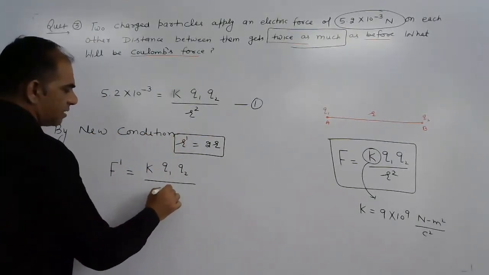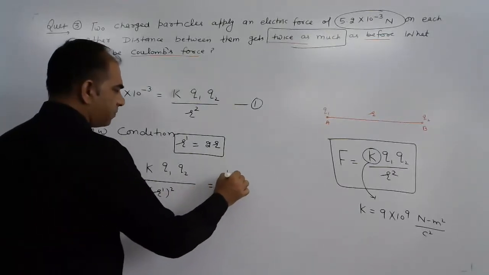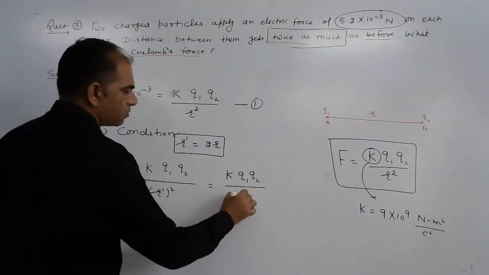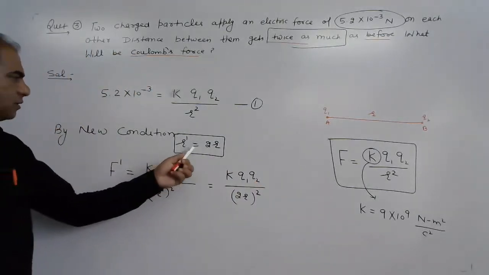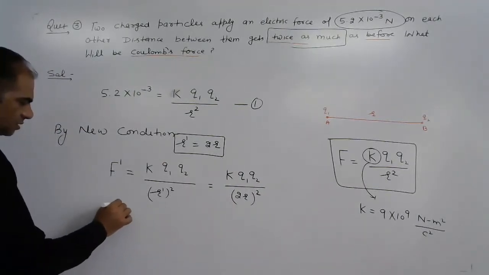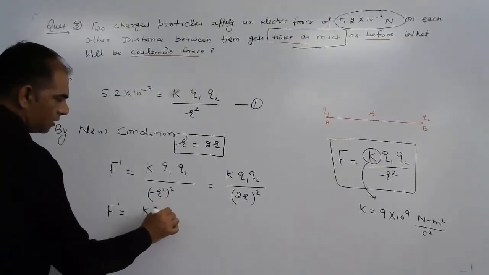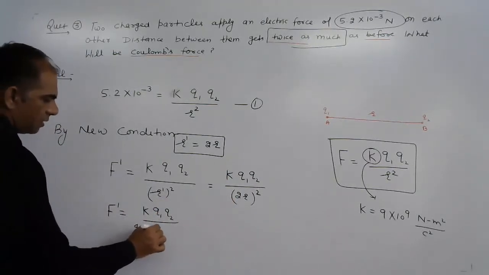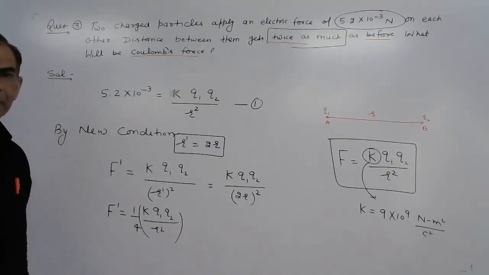Only the distance changes. We write r dash square, and putting the value of r dash as 2 times r, F dash = K q1 q2 / (2r)², which is K q1 q2 / 4r². We write it in this way.